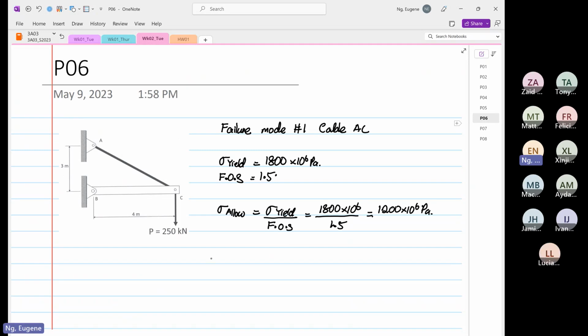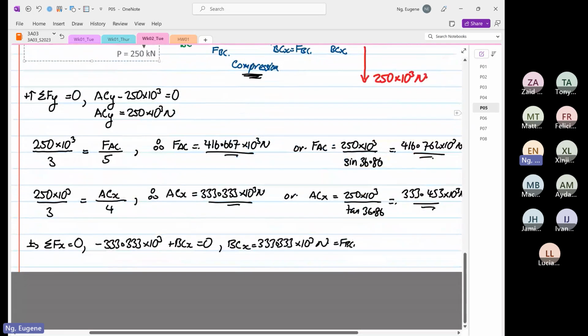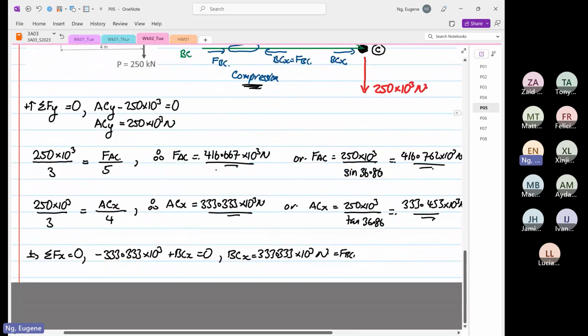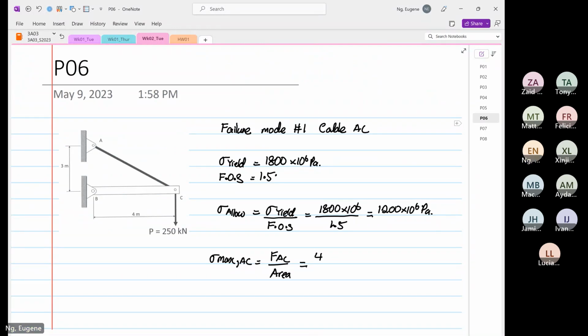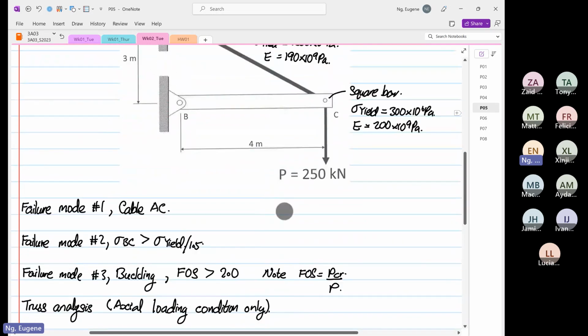Right. So the maximum stress on AC is equal to FAC divided by area. FAC, we know what it is. We did the method of joints. FAC is equal to 416.667. And then the area is pi r squared.